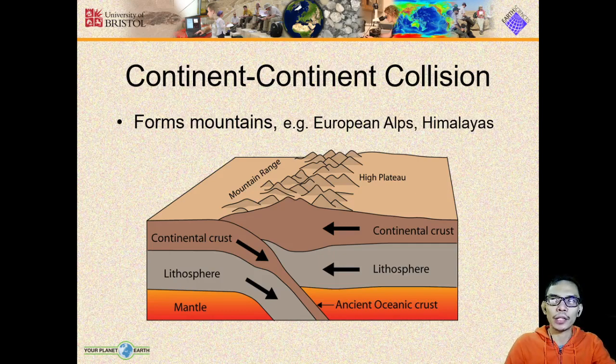As you can see here, when two continental crusts, which are both less dense, collide with each other, some of them will subduct, but most of the time they will not. The force of the impact will allow the two crusts to move upward. As it moves upward, it forms these mountain ranges that you have right here.